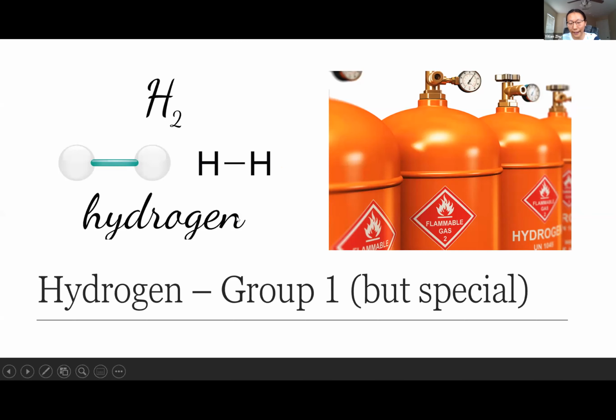You can find hydrogen as a gas with 2 hydrogen atoms bonded together, and it can also be the H+ that you find in acids. So it's really special, and it's also super common throughout the universe, probably the most common element in the entire universe.